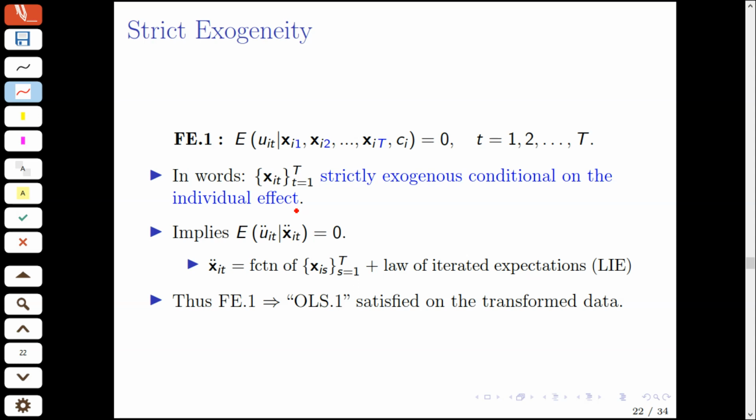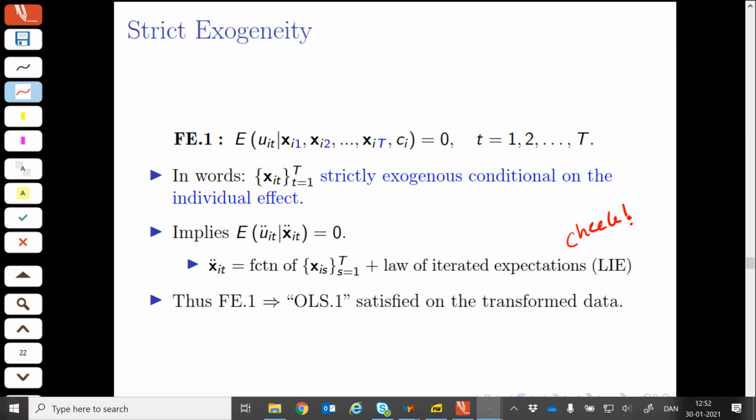This implication follows from the within transformed xit being a function of the xis gathered across all time periods, and a simple application of the law of iterated expectations, which I encourage you to do. Check. Hence, under the assumption of strict exogeneity, assumption FE1 or fixed effects 1, the analog of OLS1 is satisfied on the transformed data.